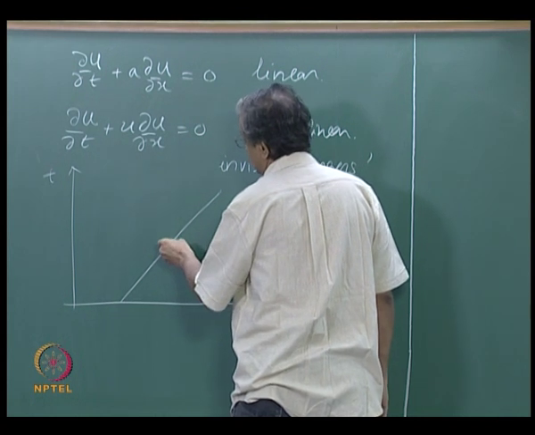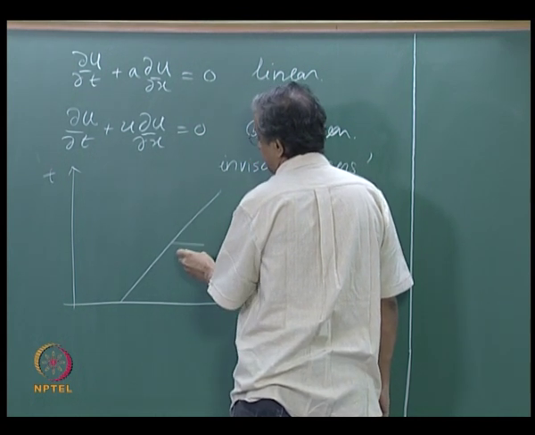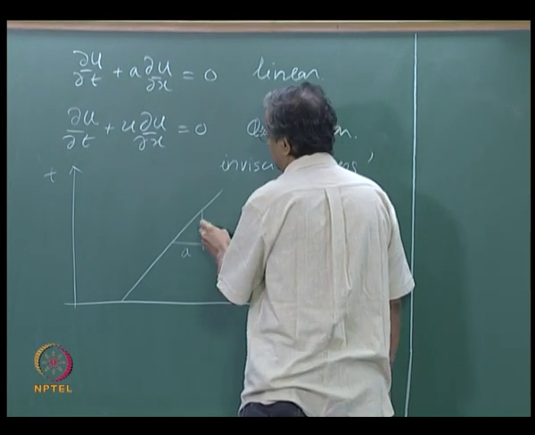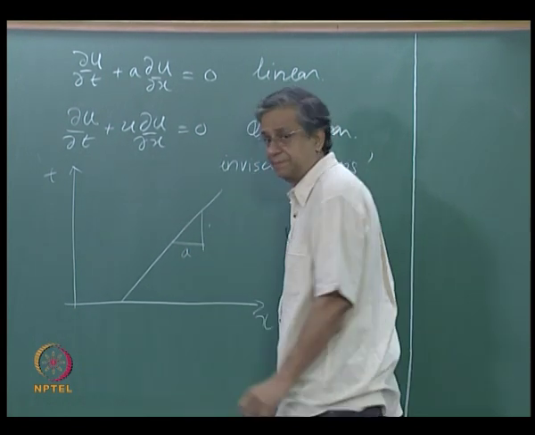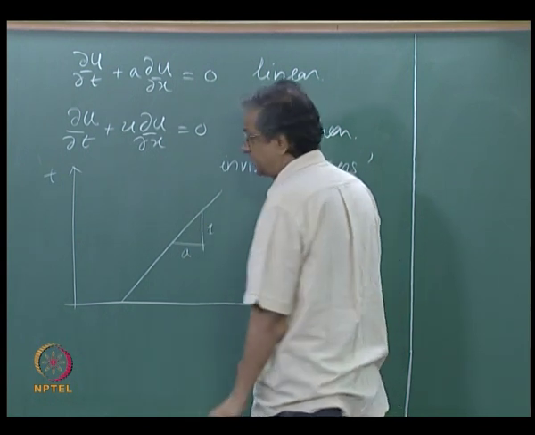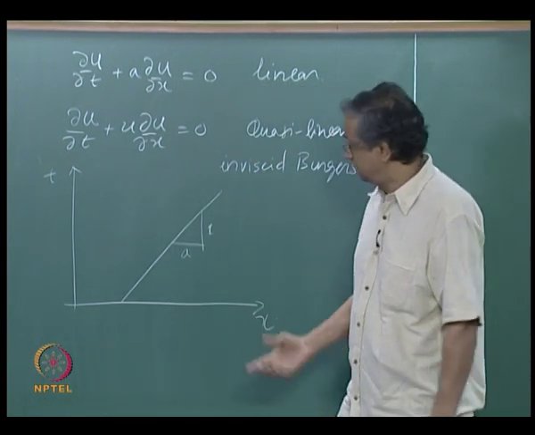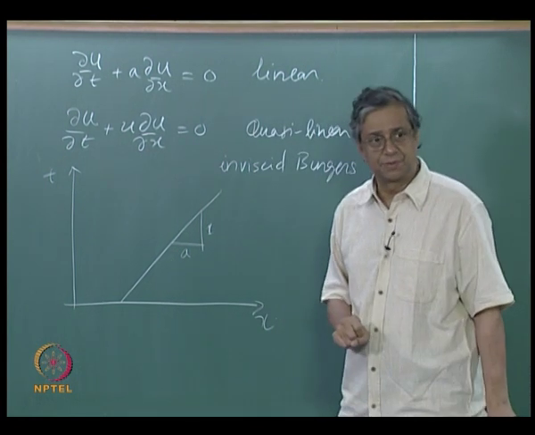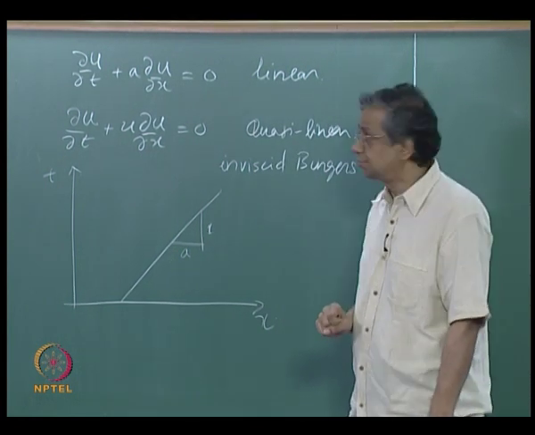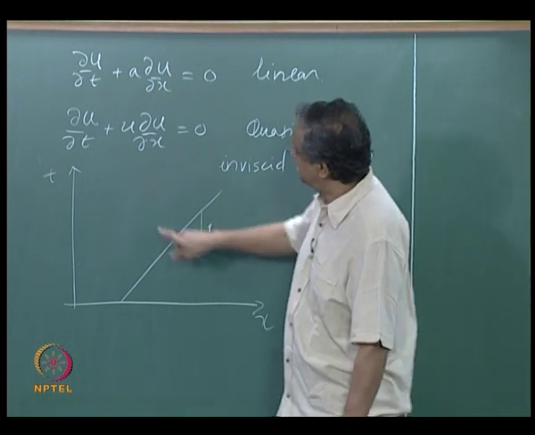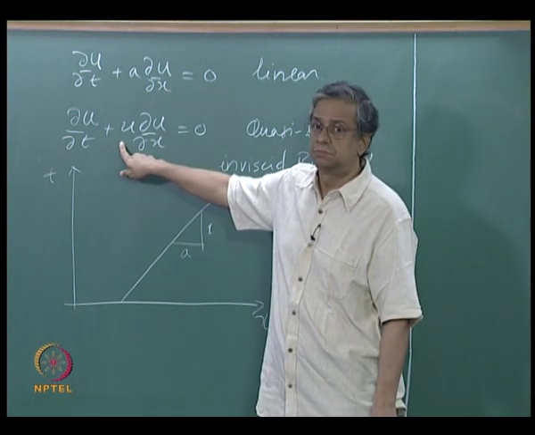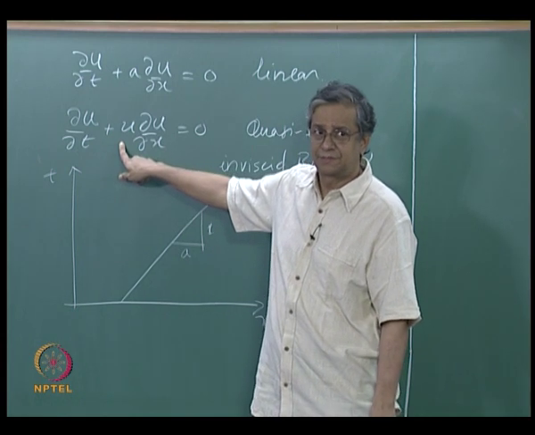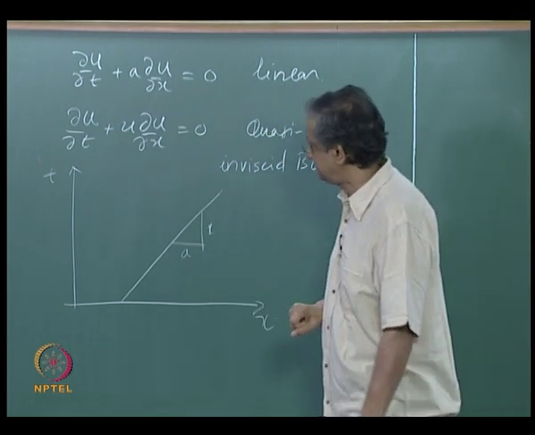That basically means that whatever we were doing was propagating a distance a in unit time, so the propagation speed was a. In this case the propagation speed is u.